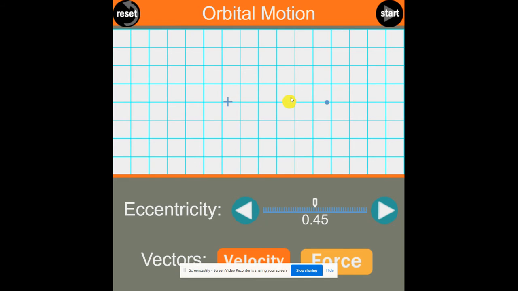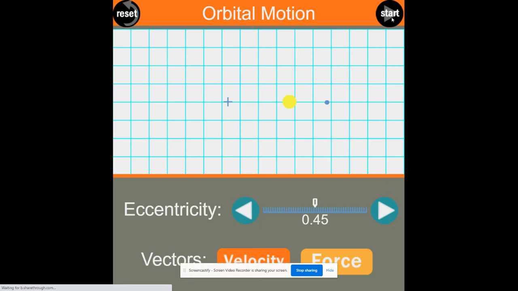This is supposed to be the sun right here, and I'm going to assume that's the Earth. We know it's this interaction between the two and the gravitational pull that has something to do with why planets orbit the sun, or why a moon, for example, orbits a planet.